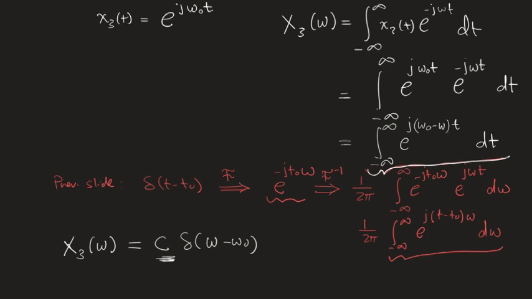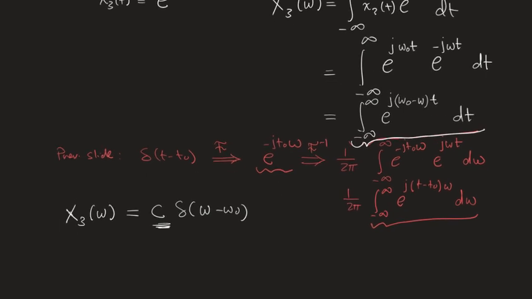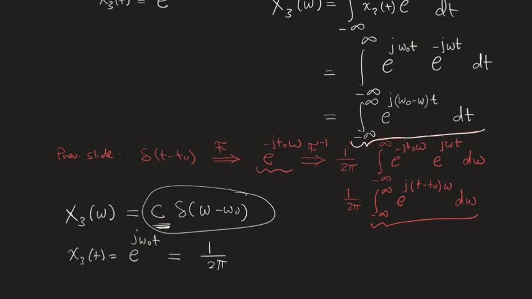So now I plug in this delta. Now I do my x3 of t, which is equal to e to the j omega naught t, and is supposed to be the inverse Fourier of this thing, since I assume that this is the Fourier transform.